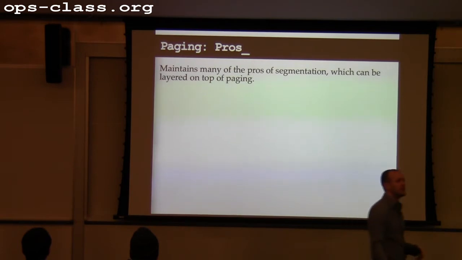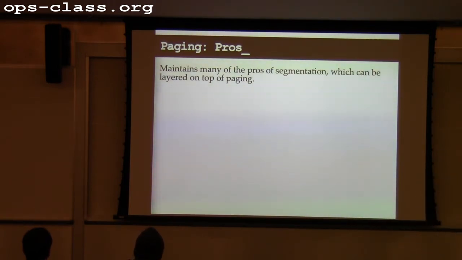We came to paging after we noticed problems with base and bounds. Base and bounds was really just kind of a straw man because it was really broken. Then we came up with this nice idea of segments. But after we thought about segments for a little while, we realized that segments had some issues. And then paging came along, and paging seemed to offer some solutions to some of these problems. So what were some of the things that we liked about paging?